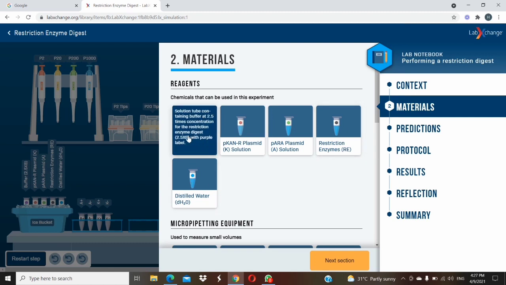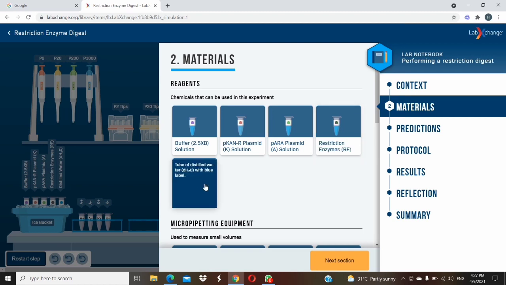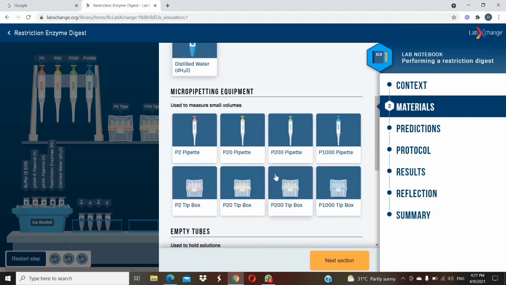The buffer solution will be at 2.5 times concentration for the restriction enzyme digest, with the purple label. This plasmid solution has the red label, and this plasmid solution has the green label. Here we have the restriction enzymes, such as BamHI and HindIII, with the black label, and here we have the distilled water with the blue label.